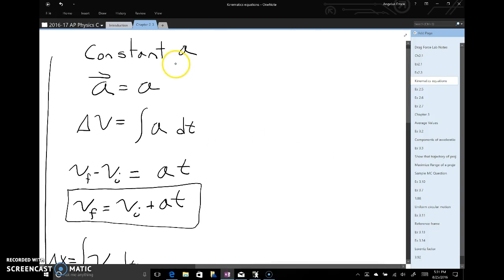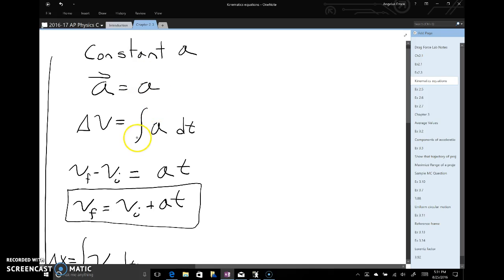So let's say that our acceleration is a constant value, a. So here, a is just representing a number. It's not a function of time, so that's why that's not there. So no function of time, just a constant a.